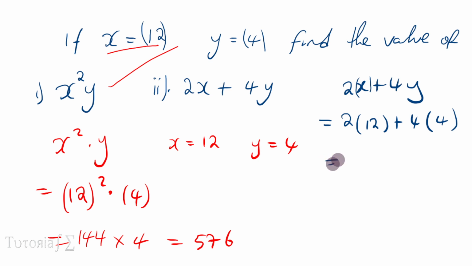So we can simply say this is 2 times 12, which is 24. Then 4 times 4, that will give us 16. Then we can add this to give us 40. And we have worked out the other question here. So these are very simple questions.